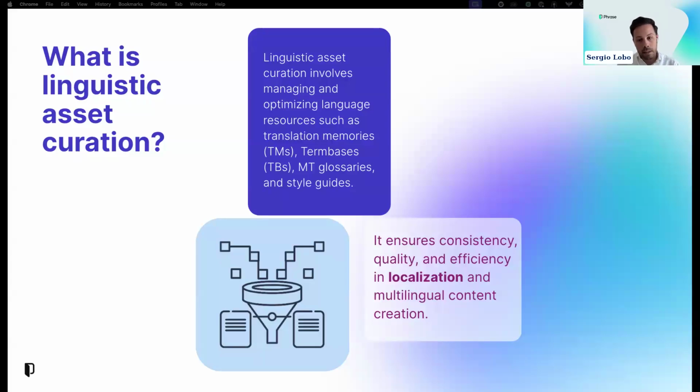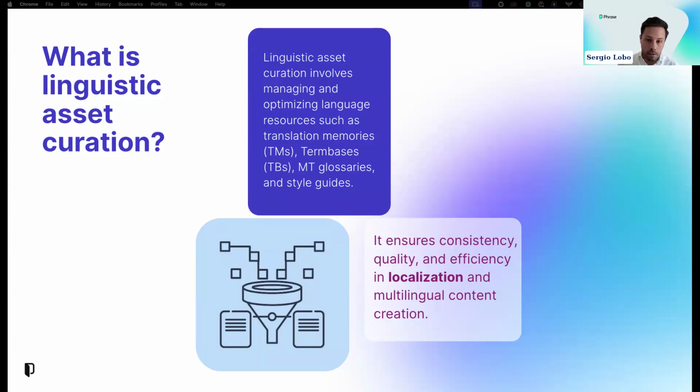Termbases, on the other hand, are repositories of terminology specific to your brand. They help linguists navigate complex language requirements, ensuring that translations adhere to the specific terminology of your enterprise. And MT glossaries function similarly, but are tailored for machine translation engines, ensuring that they use customer-specific terms accurately.